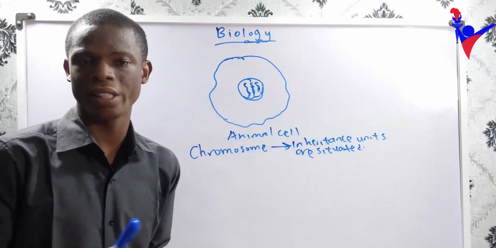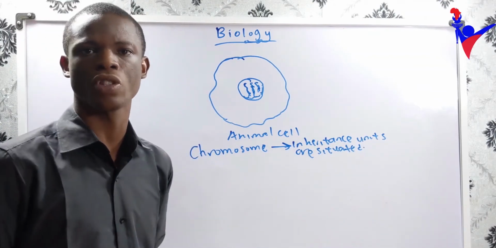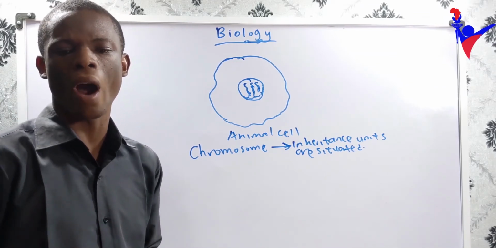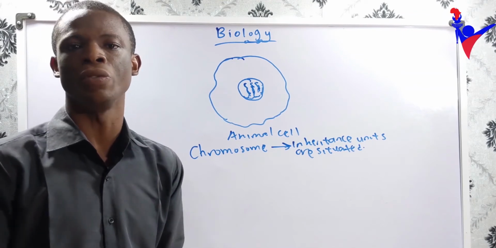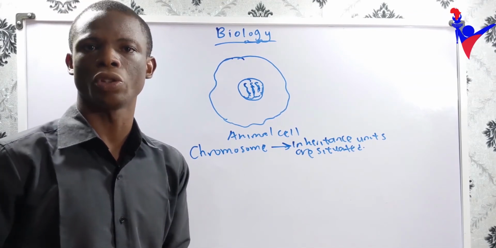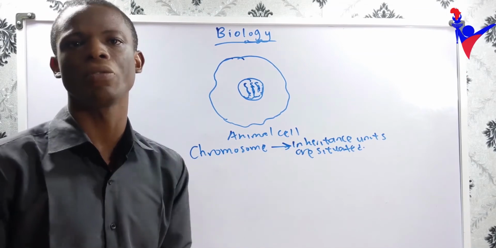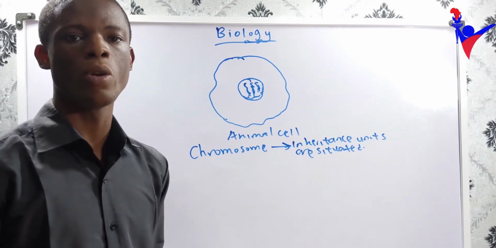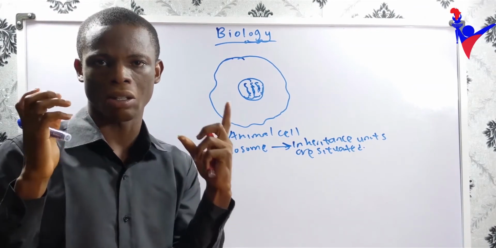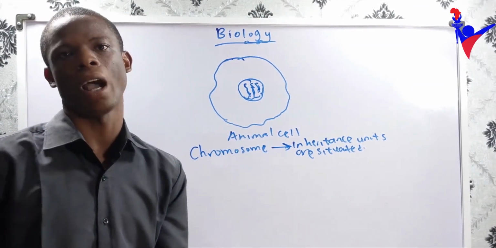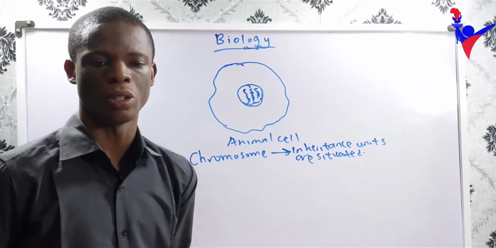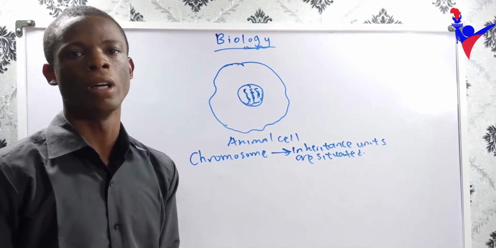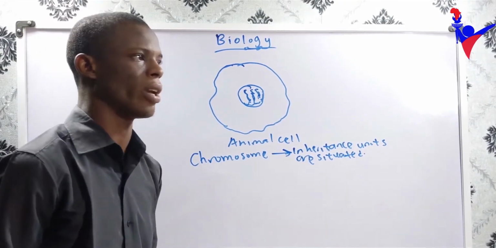And mind you, these units of inheritance are responsible for everything that characterizes an individual. Talk about the shape of your eyes, the shape of your hair; it is a result of the combination of these chromosomes. That's why we have eye color, the shape of the hair and the mouth, and all that makes up an individual. So that's our first question today.